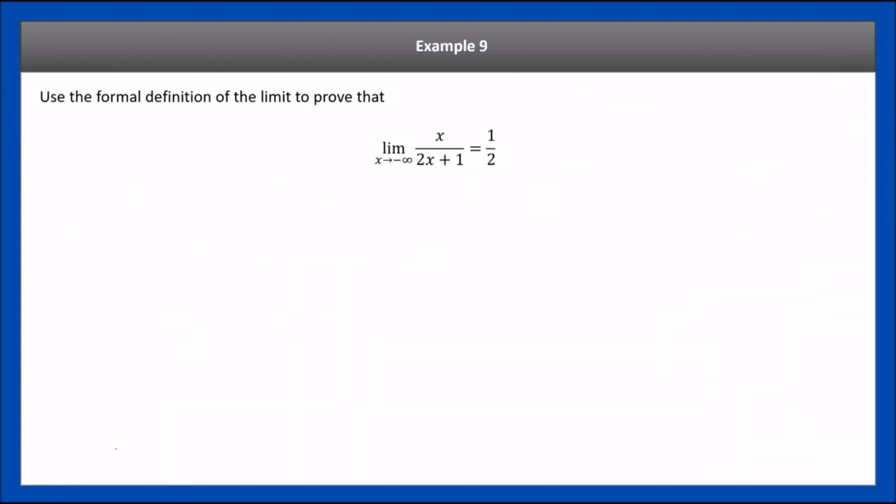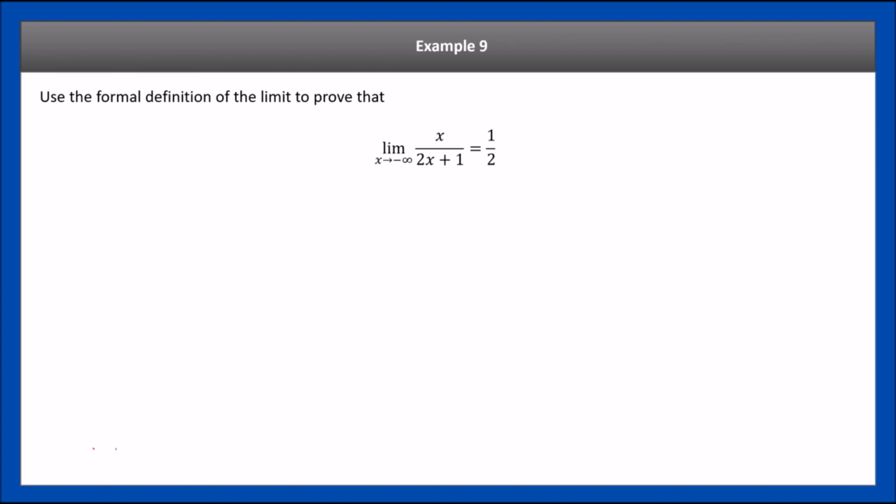All right, so now in this example, we're looking at a negative limit, or a limit at negative infinity. So that's going to change our approach. This time we're going to say that n has to be less than 0 instead of greater than 0.